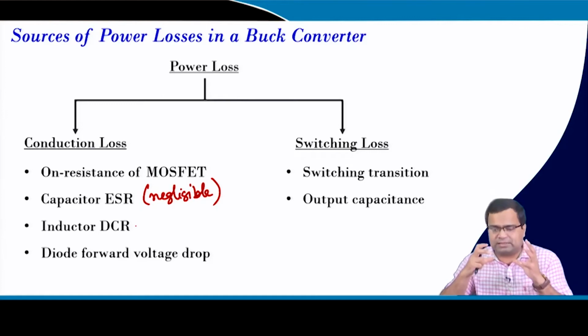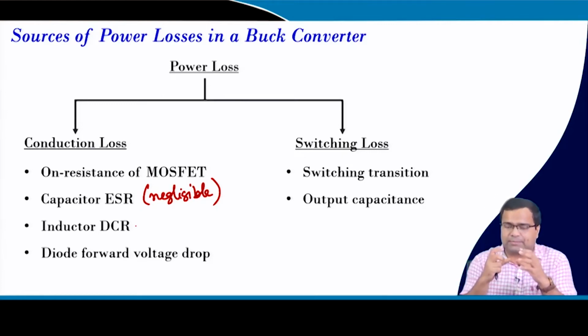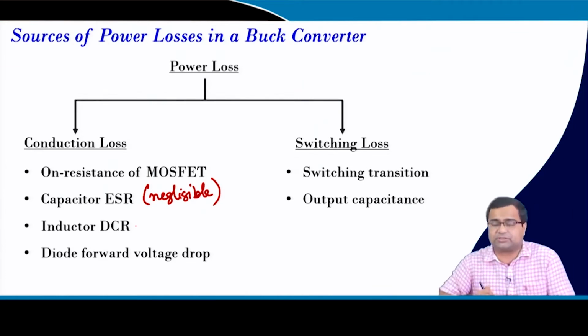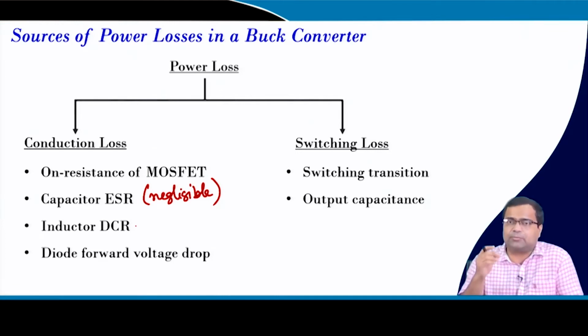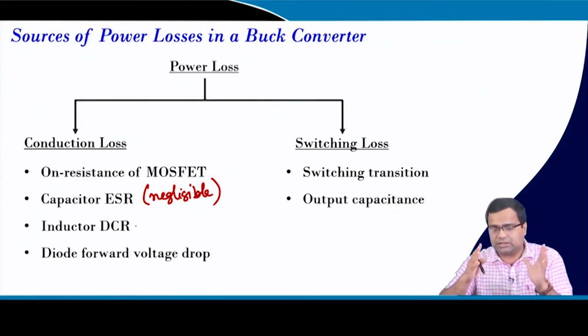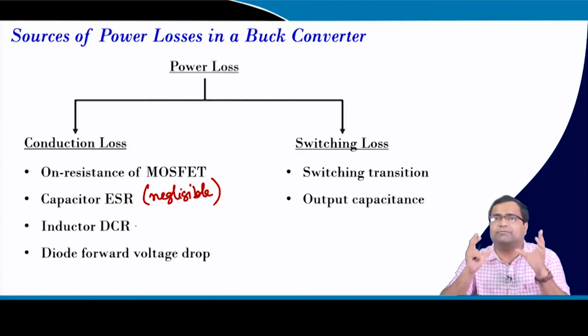Then the output capacitance loss. If you consider a MOSFET and its output capacitance, particularly the drain-to-source capacitance, when the switch is on, the drain-to-source voltage is 0 and the capacitor is discharged. But once the switch is off, whatever voltage appears across the drain to source, the capacitor will charge to that voltage.